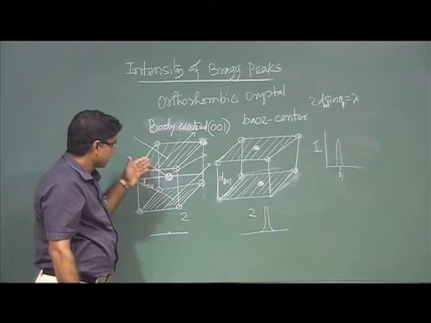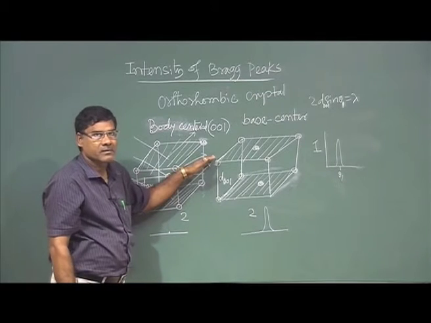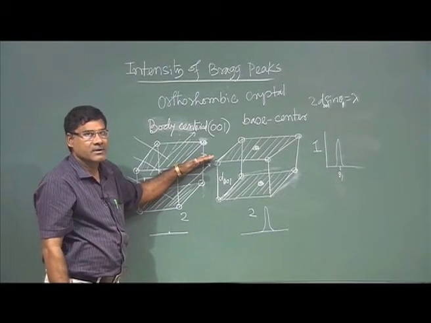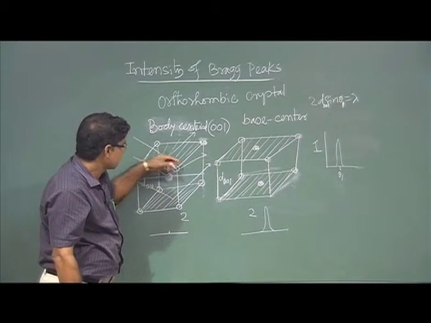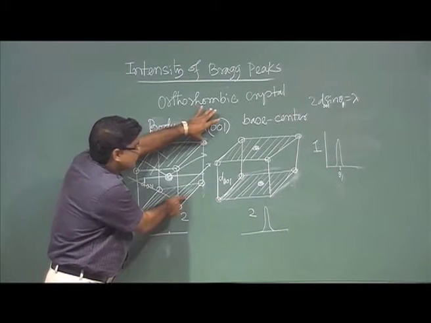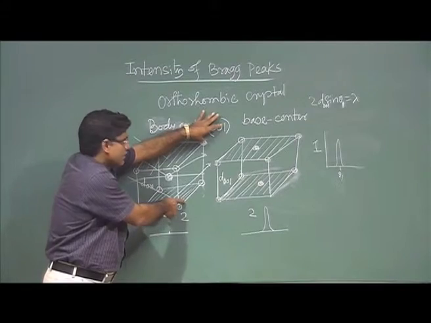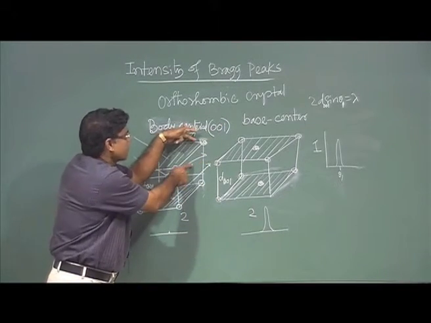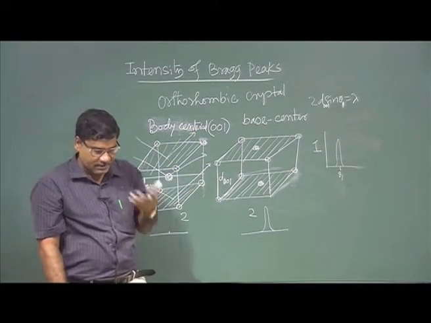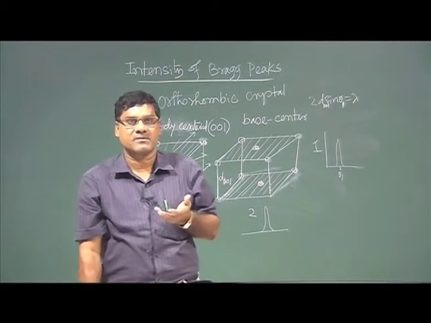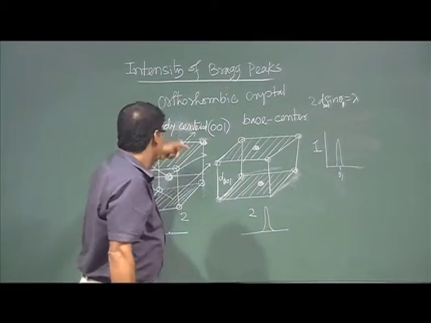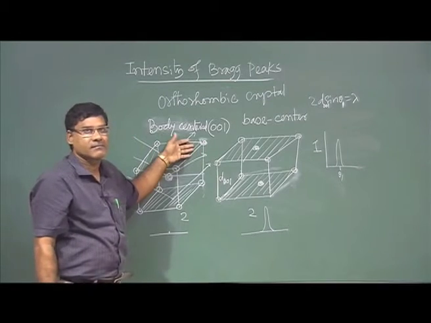The X-ray diffracted from this plane, if the path difference is lambda or the phase difference is 2 pi for these two, then this one will be exactly out of phase. Its path difference will be half, or the phase difference will be half, so they will cancel each other.